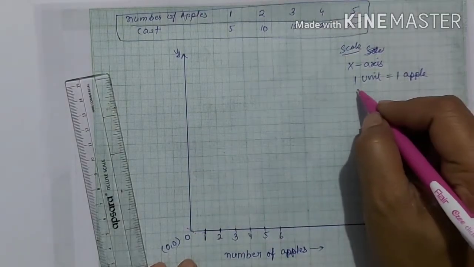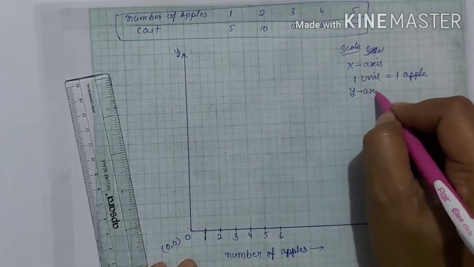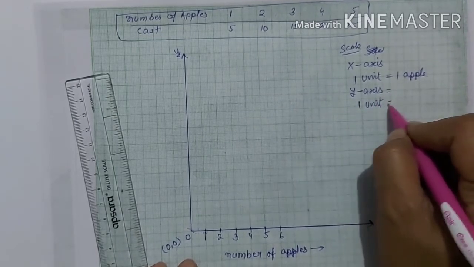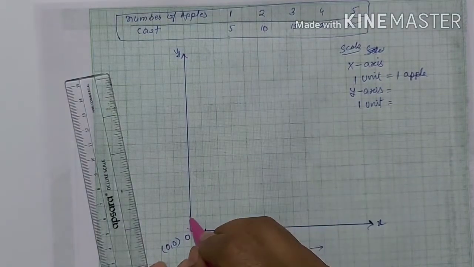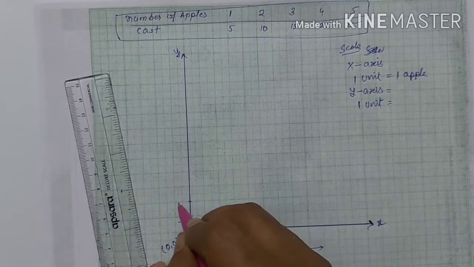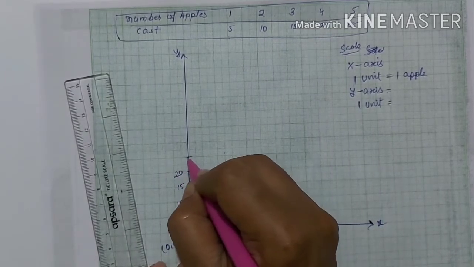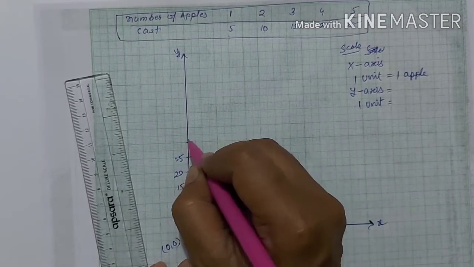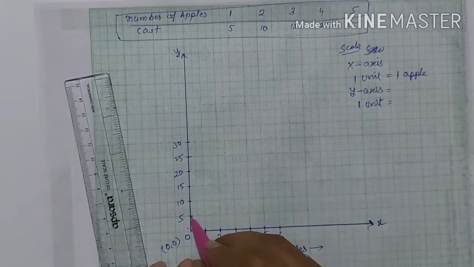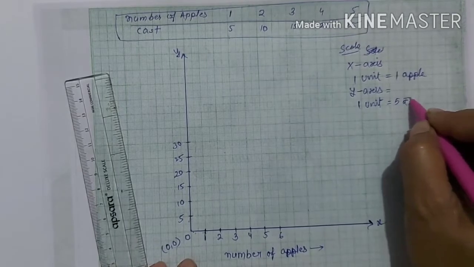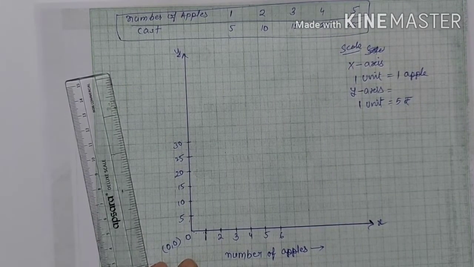Now the y-axis: 1 unit is equal to 5, so you write 5, 10, 15, 20, 25 and 30. This is the cost, in rupees. You write the cost in rupees. After completing the axes, now draw the graph.